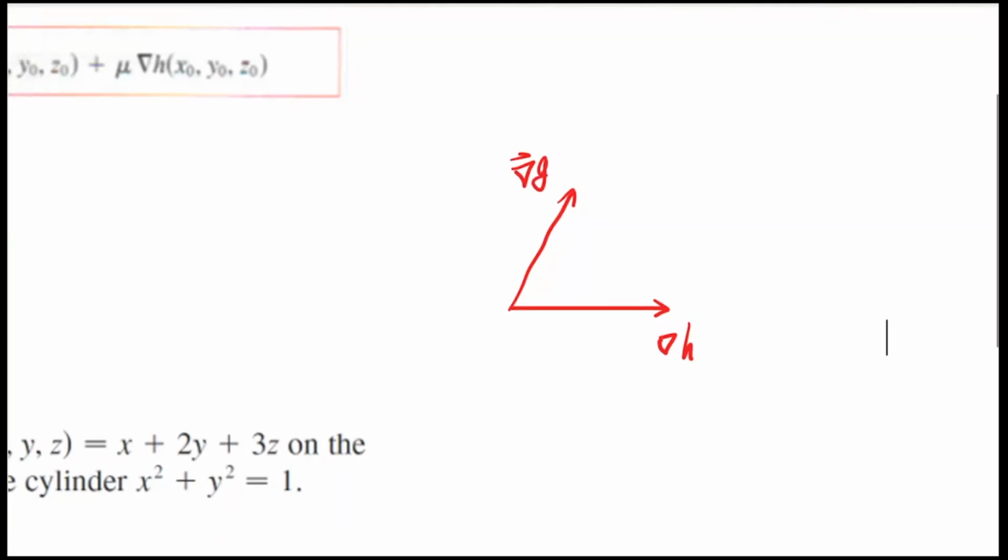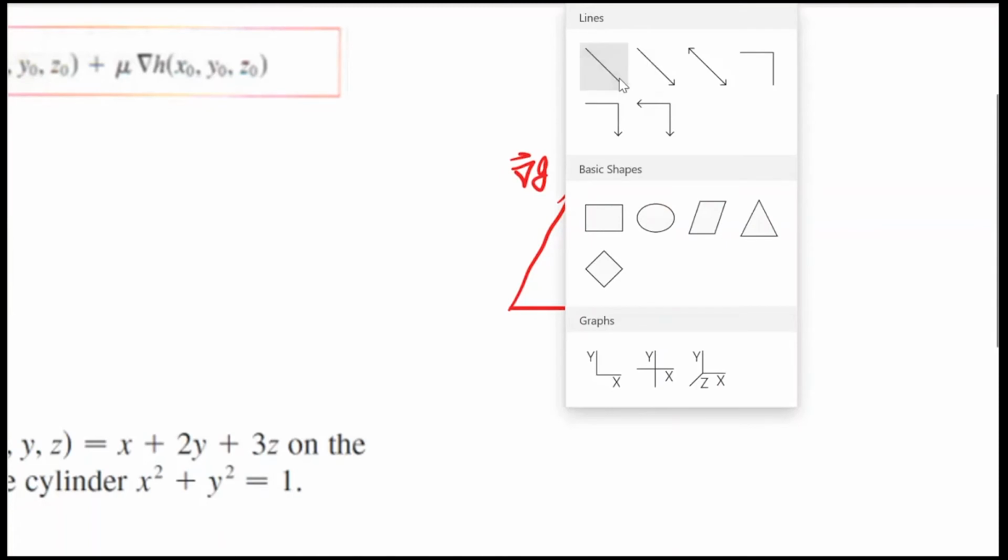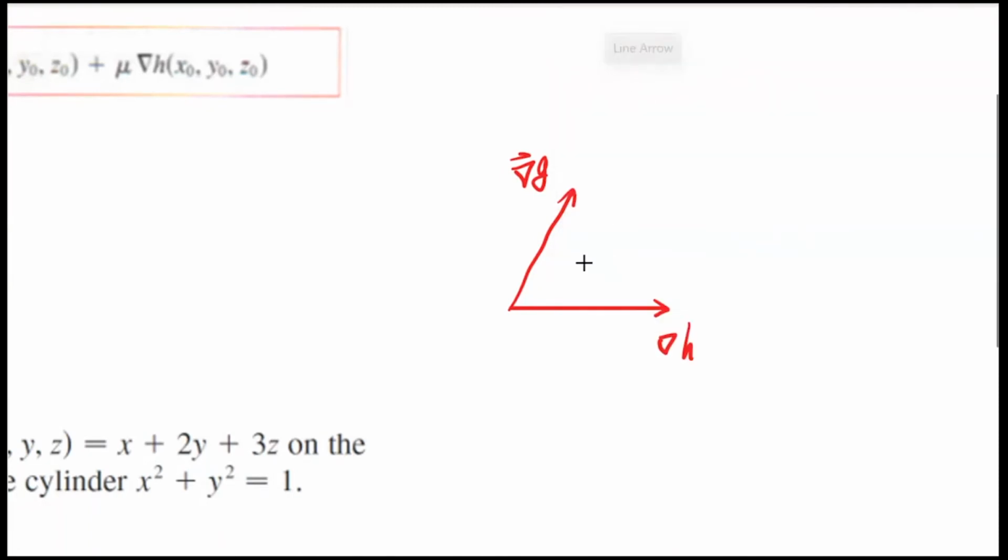And our gradient of F is not really there, but gradient of F, let's say, is somewhere that big. Okay, let's say that's a gradient of F. What we can do is still draw a parallelogram like this. This is not as straight as I like it to be. You know what I'm saying?